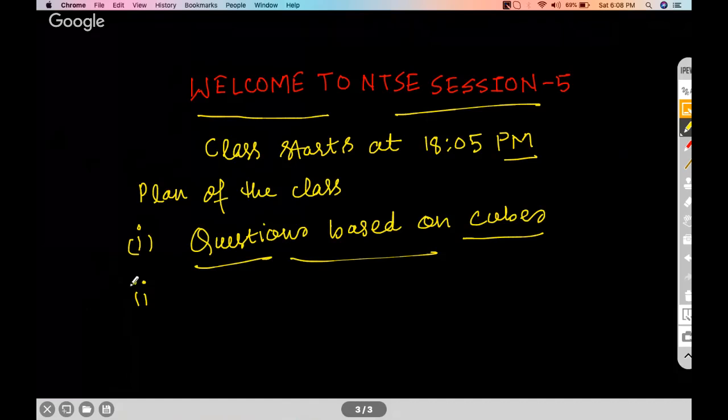Because all the types of questions I'll be doing here in the class itself, you can refer to the class. There are only 2 to 3 types of questions here. That's why I have not planned any sheet, because you can make only 2 to 3 questions, and then you can keep on changing the same question here and there. And second would be direction based questions.